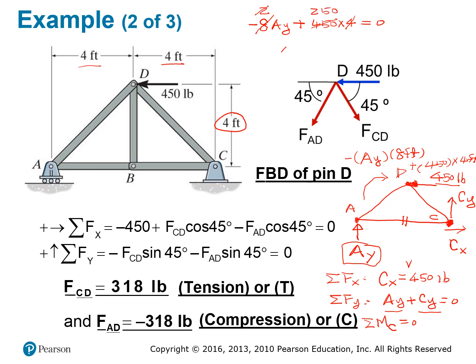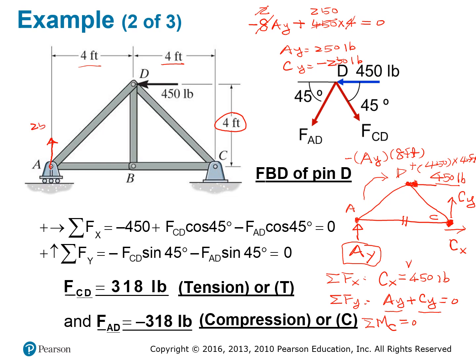So AY is going to be 250 pounds. If you have AY equal to 250, your CY is going to be negative 250 pounds. So that means your reaction here is going to have a force right here, which is 250.